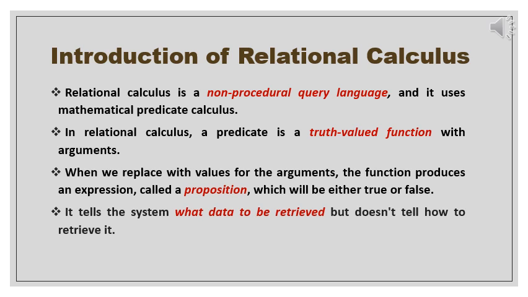Relational calculus is a non-procedural query language and it uses mathematical predicate calculus. In relational calculus, a predicate is a truth-valued function with certain arguments. When we replace the arguments with values, the function produces an expression called a proposition, which will be either true or false.